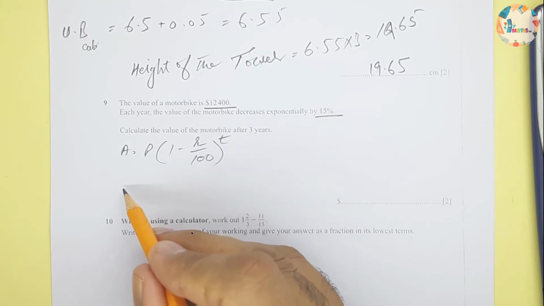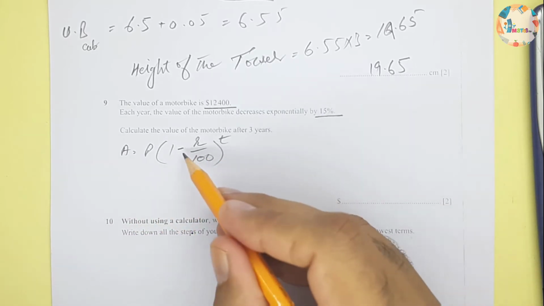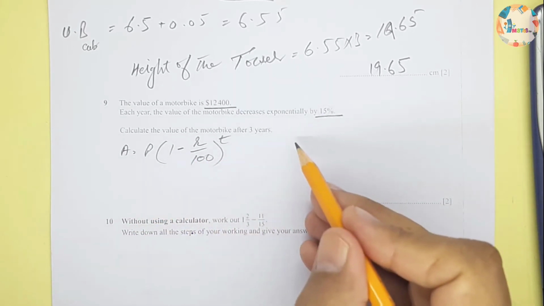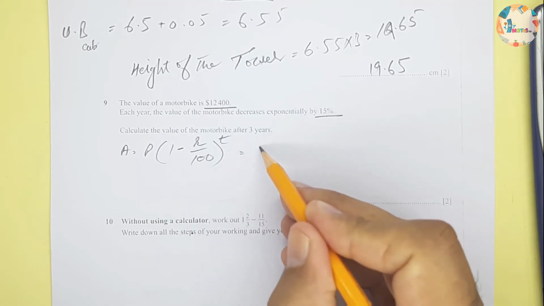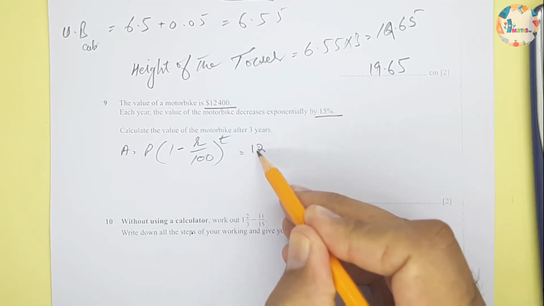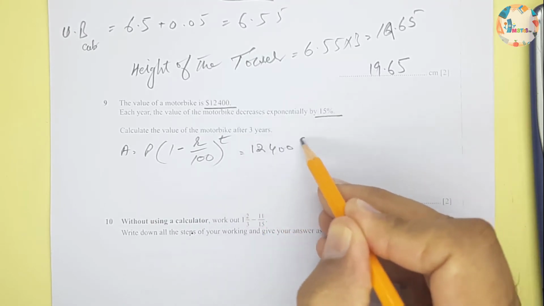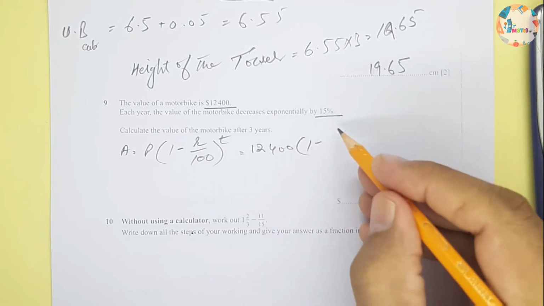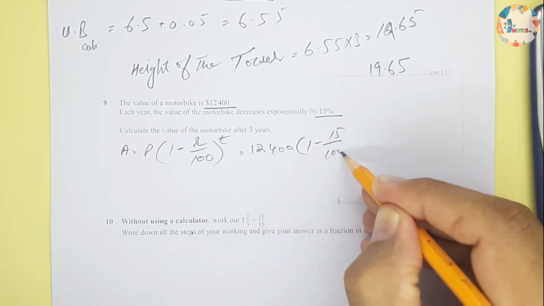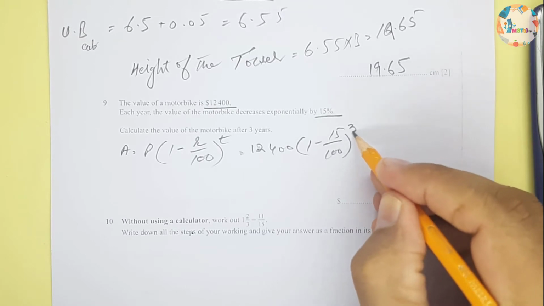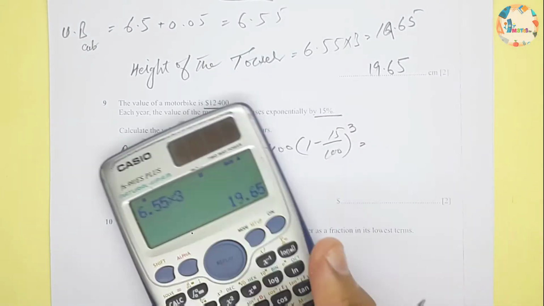This will be the formula. For exponential decrease we are taking minus. So this will be equal to the principal amount, 12400, into 1 minus R, which is 15 over 100, raised to t, which is 3 years. So this is what we will be calculating.